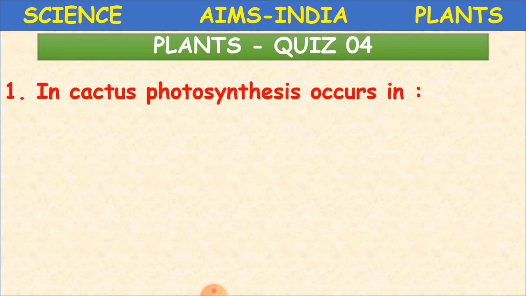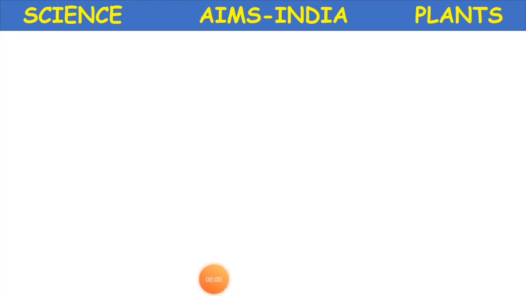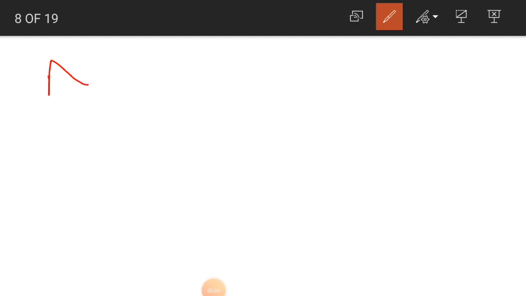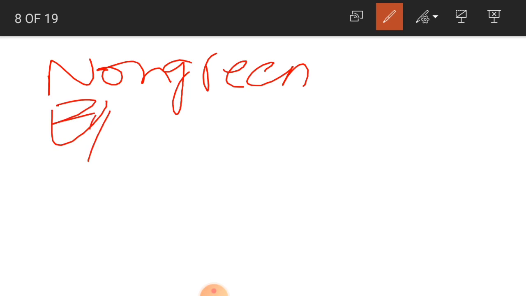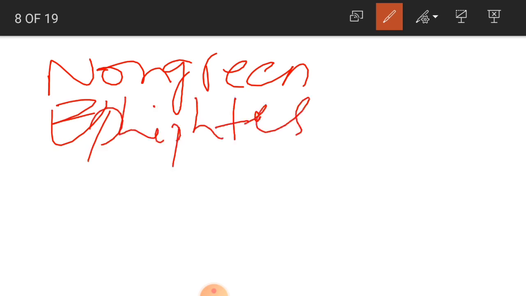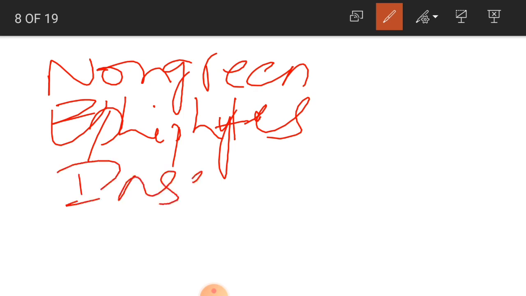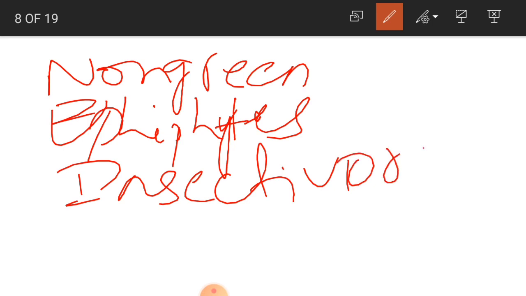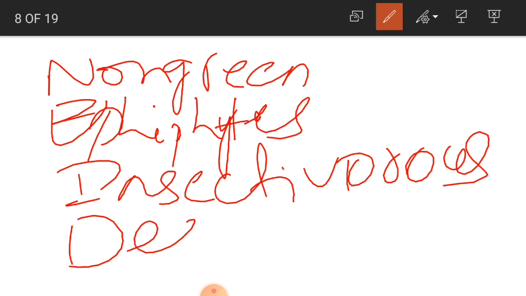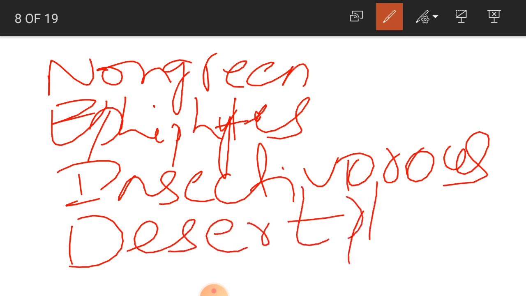Children, what we learnt: we learnt about non-green plants, epiphytes, the other one is insectivorous plants, and then the last one is desert plants.